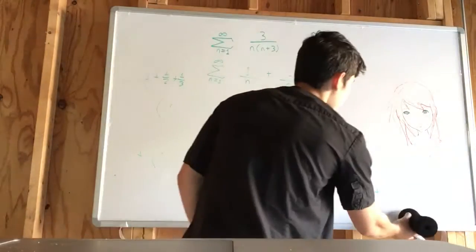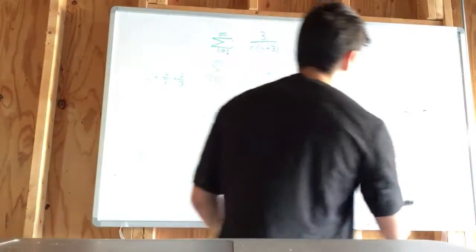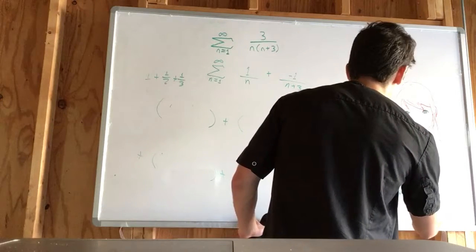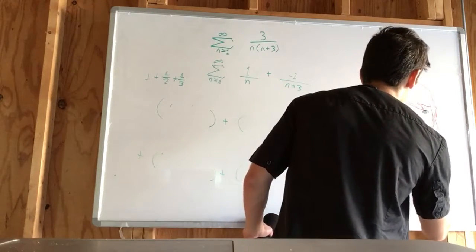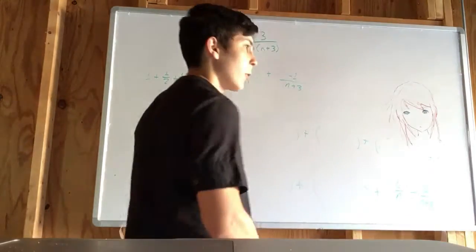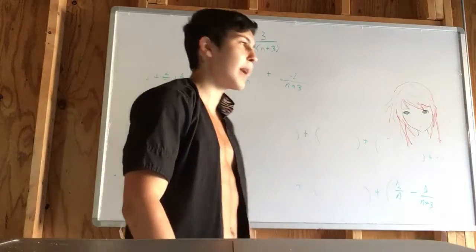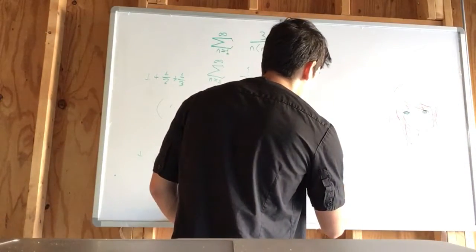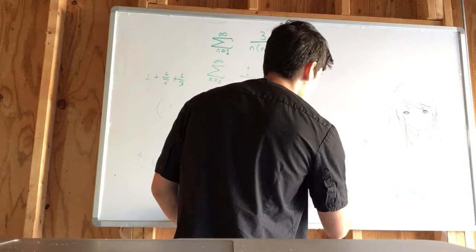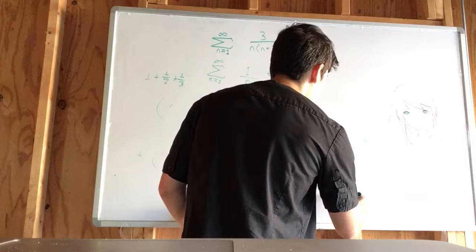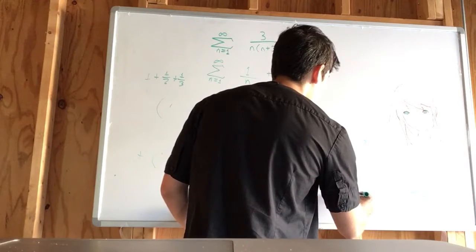So say this is the very last term over here. The very last term would be 1/n minus 1/(n+3). Then the term before that would be if we had plugged in n-1 instead of n. So that would be 1/(n-1) minus 1/(n-1+3).